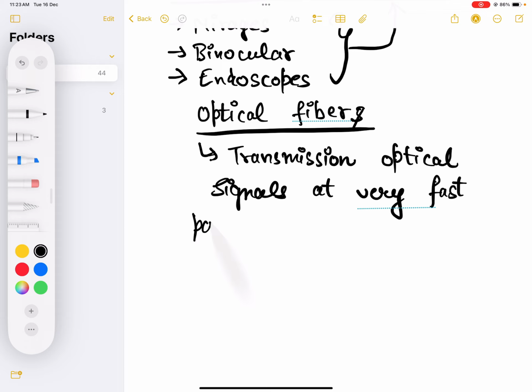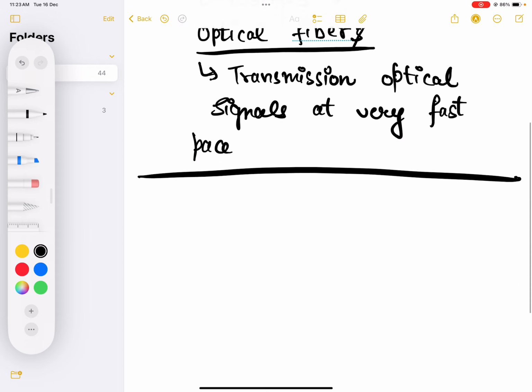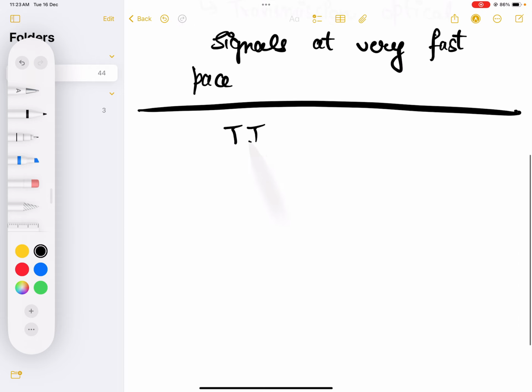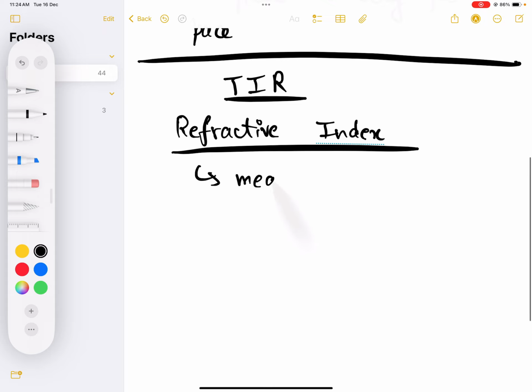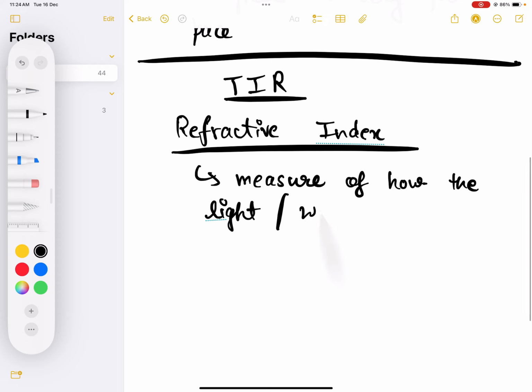Right. So before starting the topic of TIR, we should have a basic knowledge about refractive index. So what basically does refractive index mean? Refractive index is nothing but a measure of how light or any wave would travel through a medium.